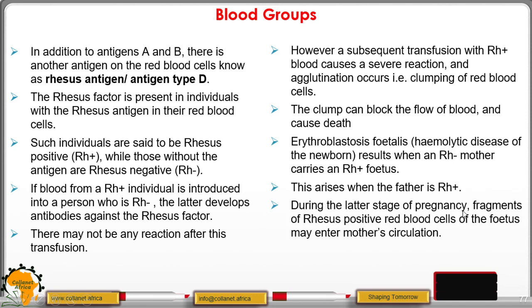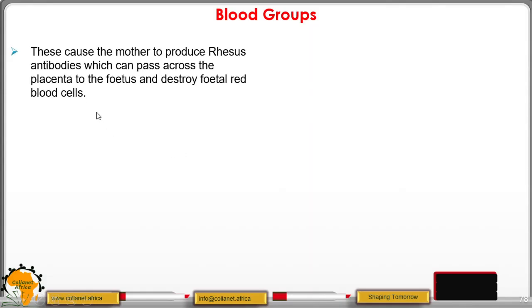During the later stage of pregnancy, fragments or small portions of the Rhesus positive red blood cells of the fetus enter the mother's circulation. That causes the mother to produce Rhesus antibodies, which can pass across the placenta to the fetus and destroy the fetal red blood cells.